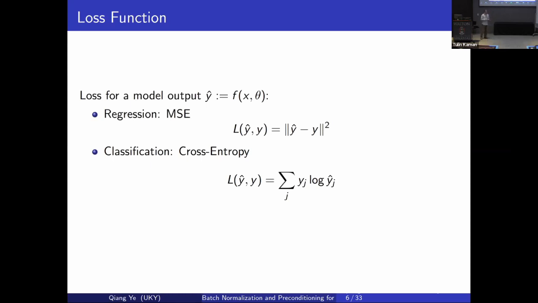If the task is a classification problem, like what Jay talked about in his talk, then typically the output y hat would be a probability distribution over the classes, and the way to measure the loss is typically the one called cross entropy.